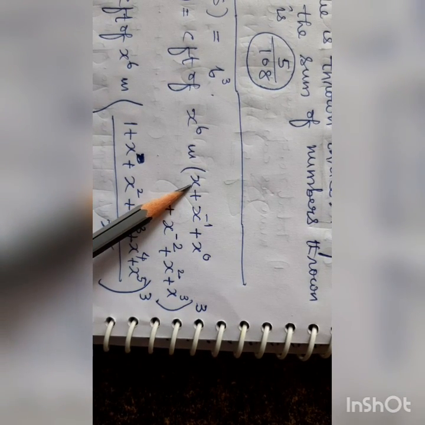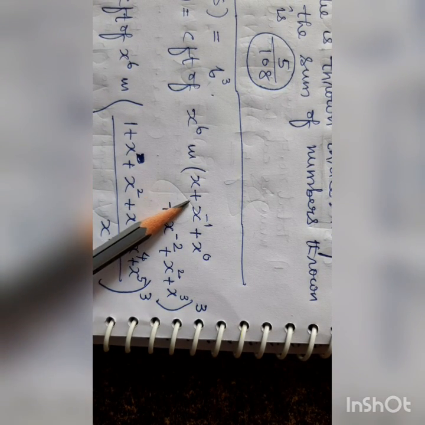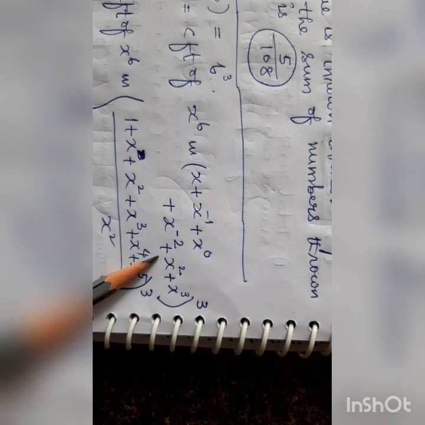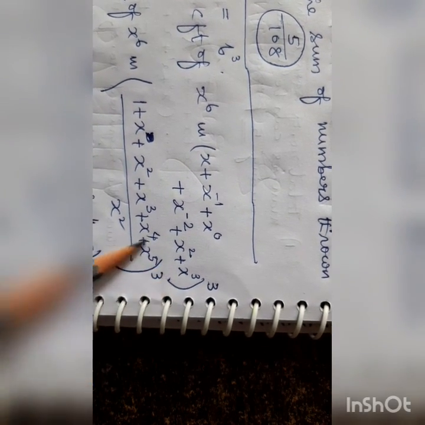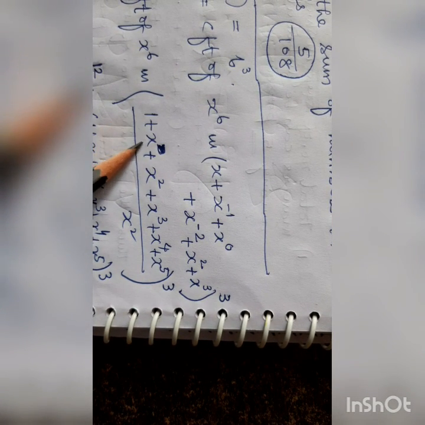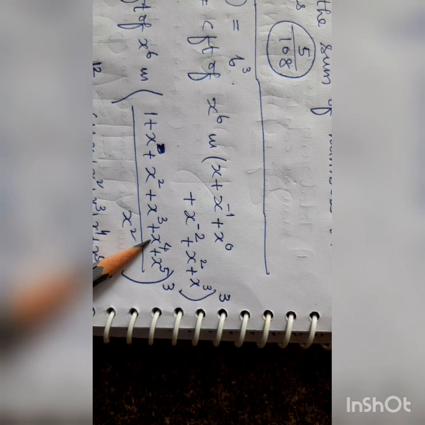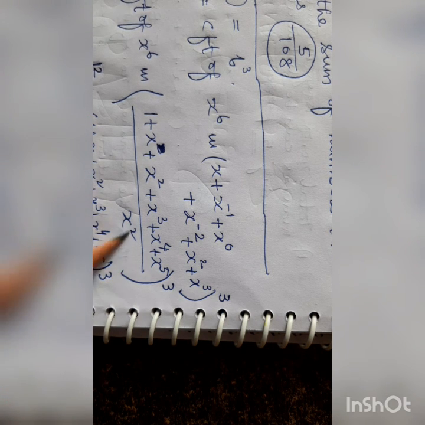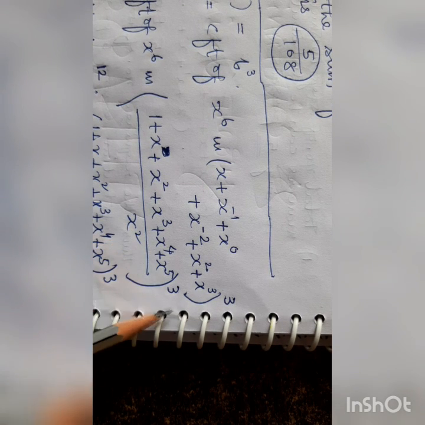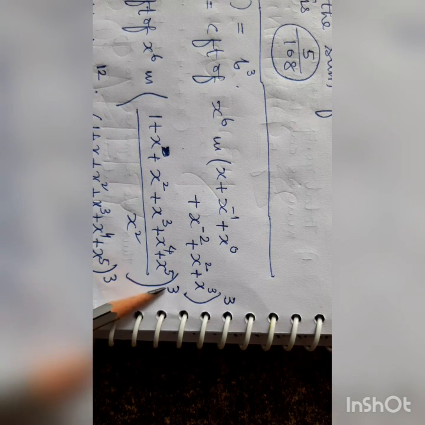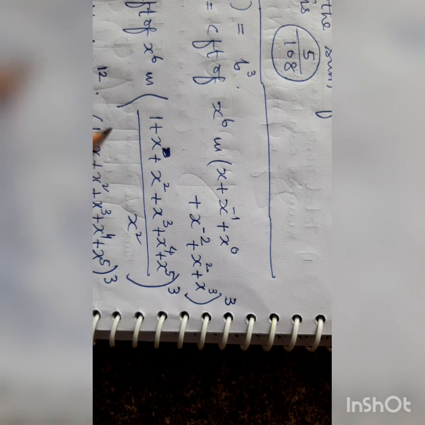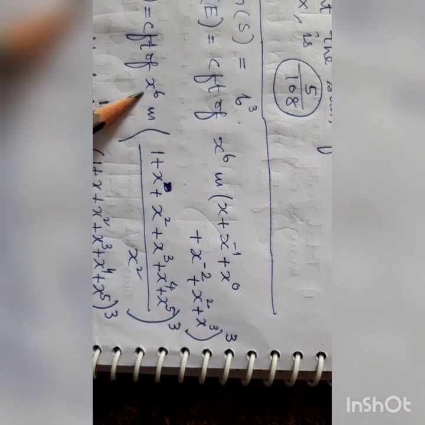So if we simplify this, x plus 1 by x plus 1 plus 1 by x square plus x square plus x cube. If you take LCM, x square will be coming. So 1 plus x square plus x cube plus x power 4 plus x power 5 whole by x square whole cube. Just before this I told, this is x power 6. If you take it outside, x power 6 and this one x power 6 coefficient.